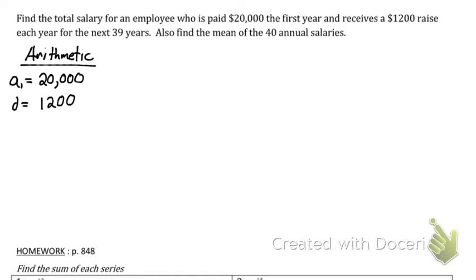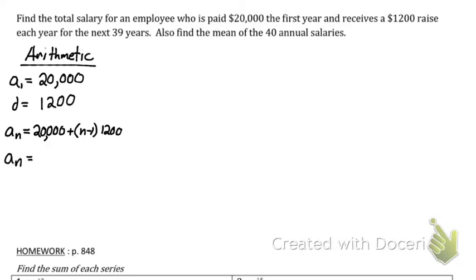Well, in order to come up with that last year's salary, you can either add 1,200 over and over and over, or we can come up with that arithmetic sequence. So our explicit form of our arithmetic sequence would be a sub n equals our first value plus our n minus 1 times our 1,200.